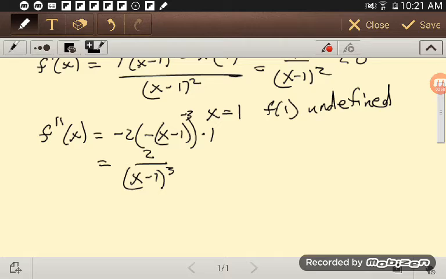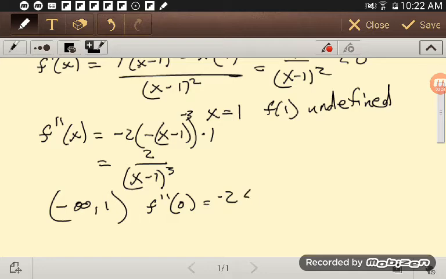And so this is where it's defined. It's sometimes positive, sometimes negative, right? If we look at our two intervals, from minus infinity to 1, we could look at, say, f double prime of 0, which is equal to negative 2.